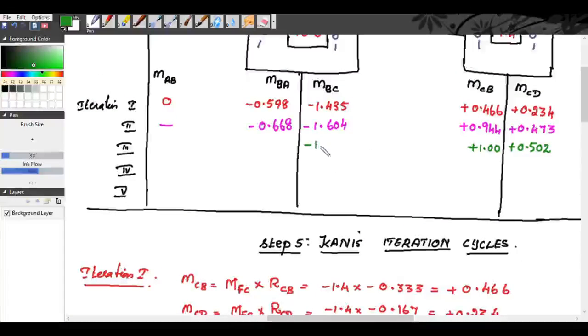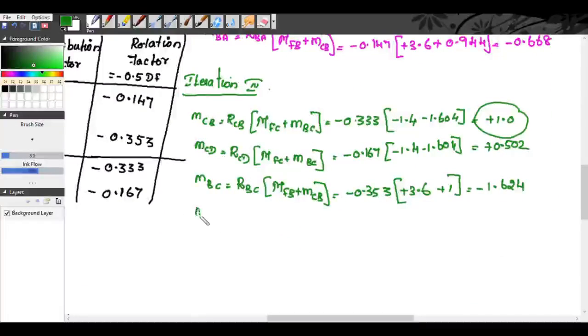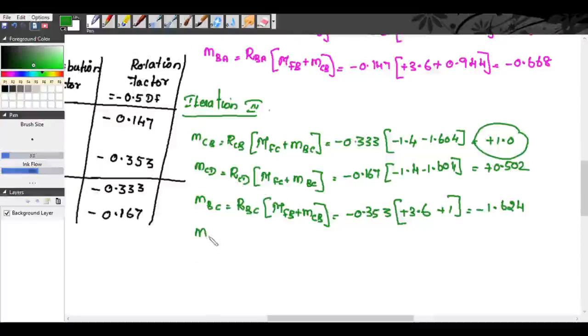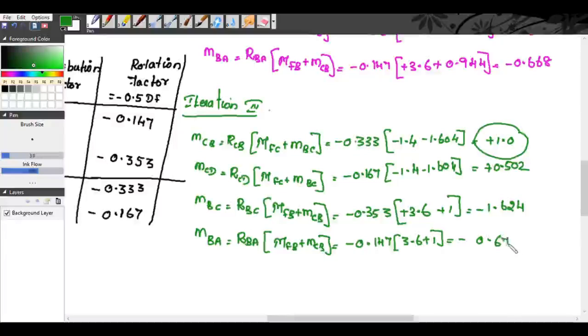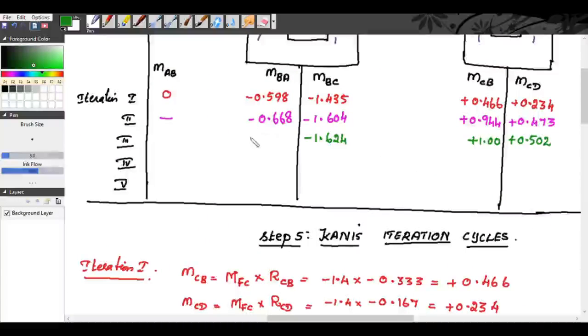And MBA will be equal to RBA, MFB plus MCB. That is minus 0.147 multiplied by 3.6 plus 1. We get minus 0.676. So minus 0.676.